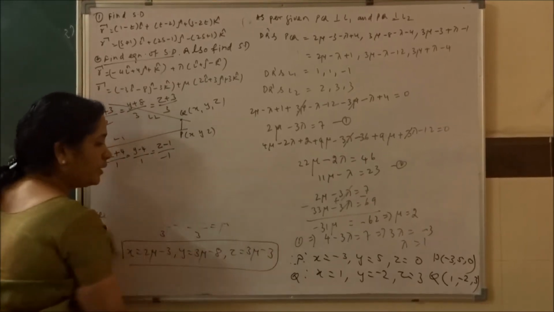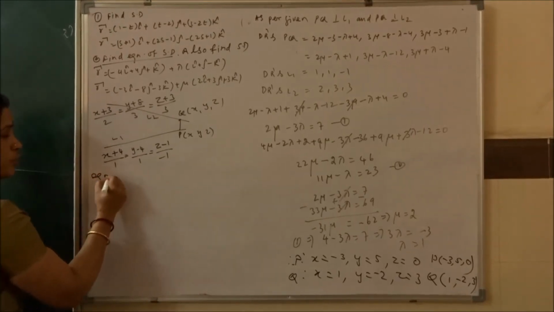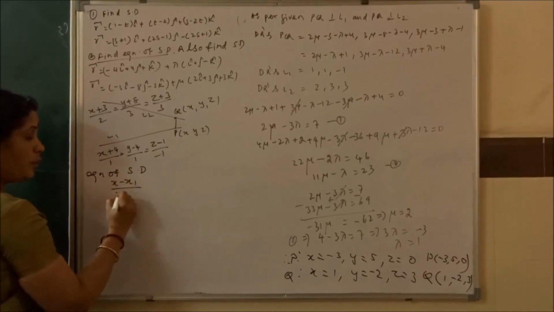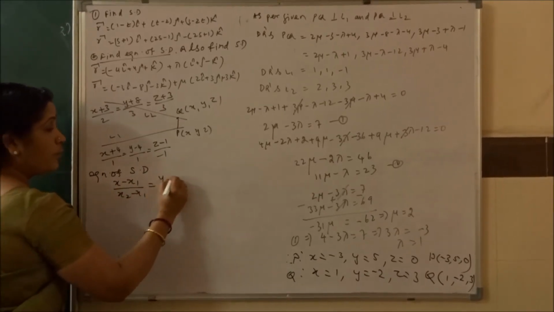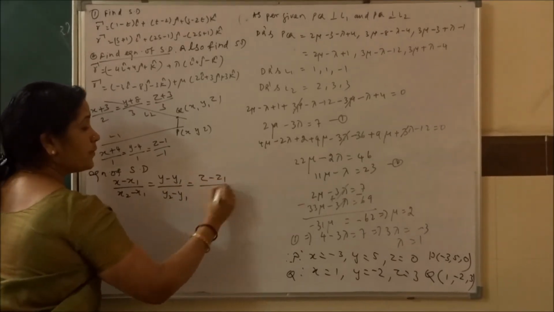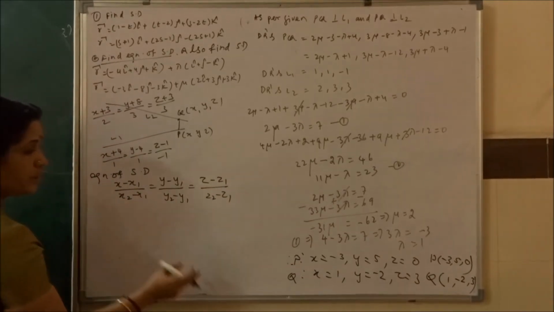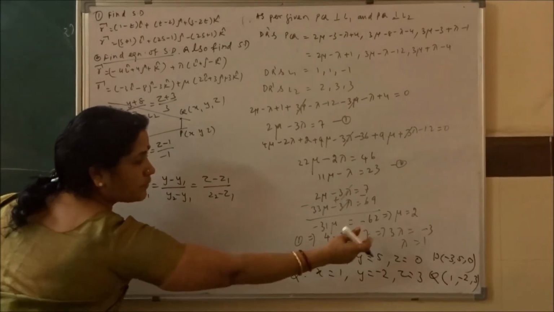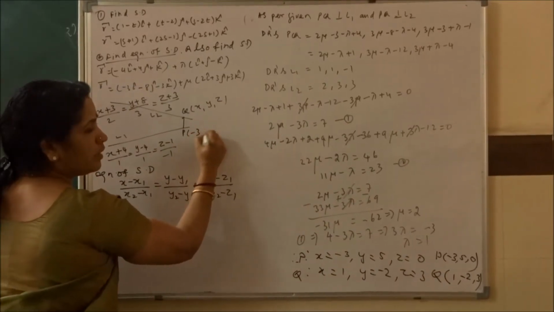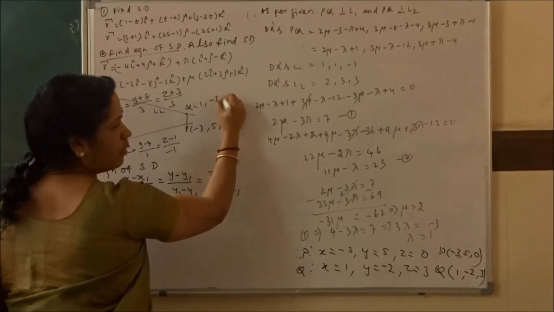Now see how to find the equation of PQ and how to find the shortest distance. Now the equation of SD. That formula: x minus x1 upon x2 minus x1 equal to y minus y1 upon y2 minus y1 equal to z minus z1 upon z2 minus z1. As per this, if I substitute all the points here, this is x1, y1, z1, this is x2, y2, z2. So this point is minus 3 comma 5 comma 0 and the other point is 1 comma minus 2 comma 3.